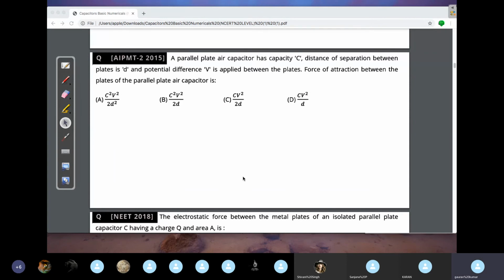A parallel plate air capacitor has capacity C, that is, capacitance is given to you. Distance of separation between the plates is D, and the potential difference V is applied between the plates of the capacitor.